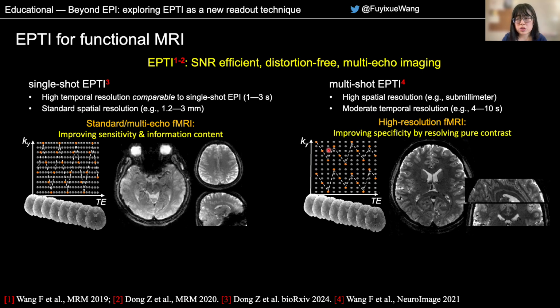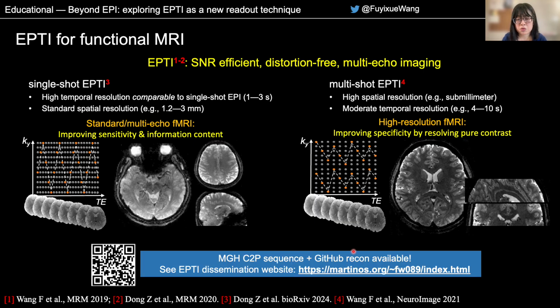And they can be used for different applications. For example, single-shot EPTI can be used for standard or multi-echo fMRI for improved sensitivity or information content, whereas multi-shot EPTI can be useful for high-resolution fMRI to improve specificity by resolving pure contrast.